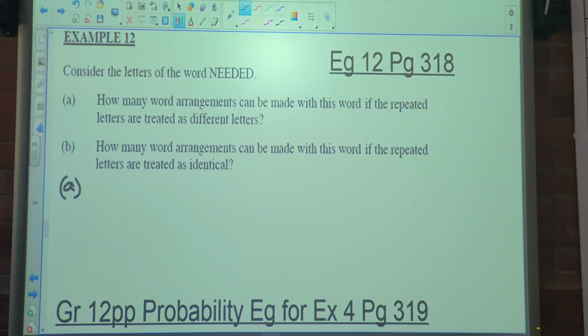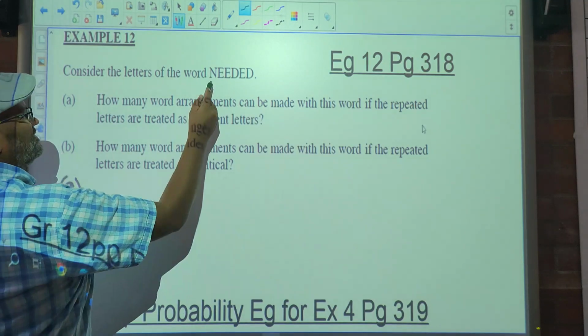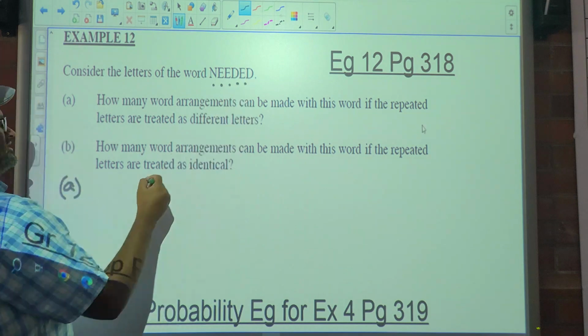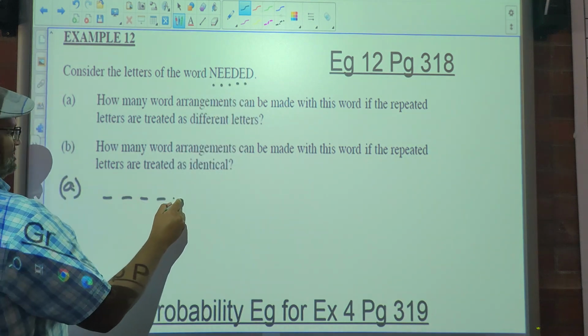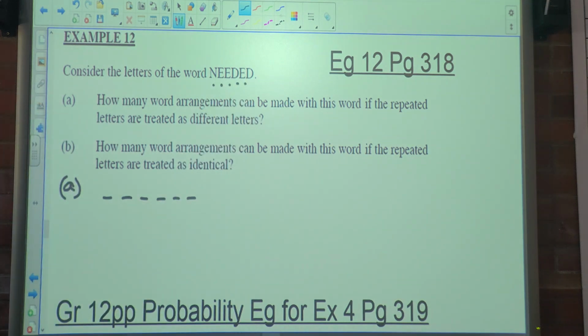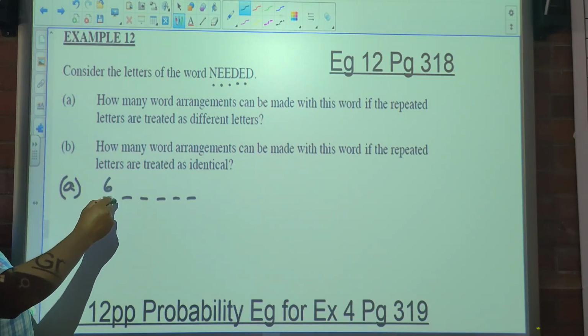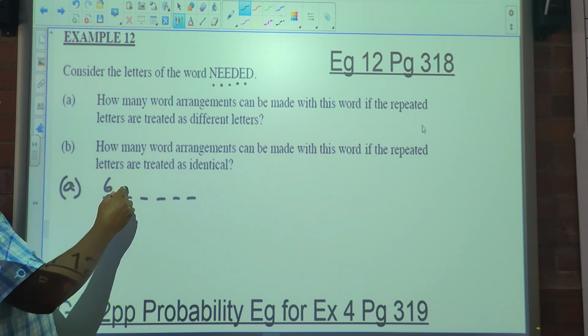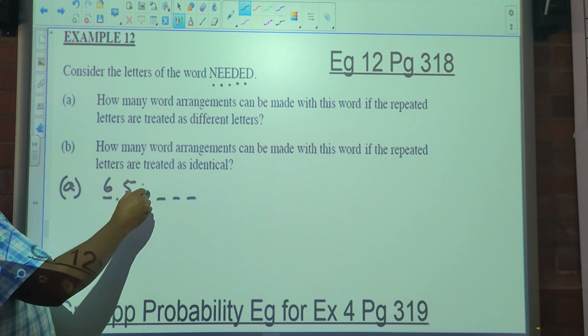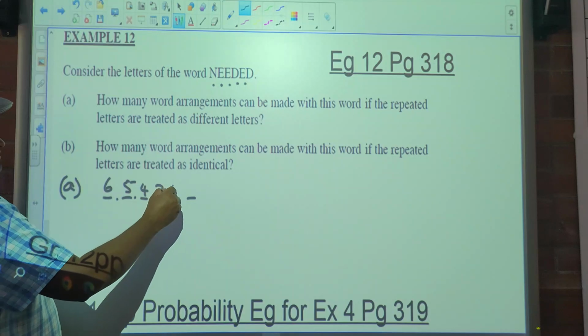Okay? So how many bits would I have here? 6 bits, as there are 6 letters. So how many options do I have for bit 1? 6. Bit 2? 5. Bit 3? 4. 3, 2, 1.